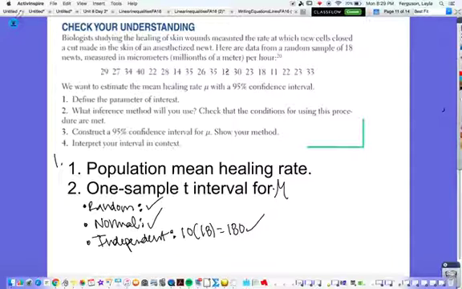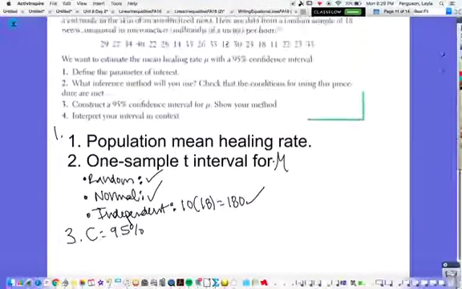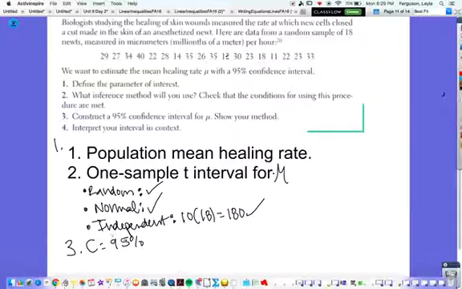All right, so then we're going to move to 3, which is to construct a 95% confidence interval for mu. So our confidence is going to be 95%. One way that we can do this is by hand, like I did in the last example, but I'm going to show you how to do it on the calculator so you see a fresh calculator example.